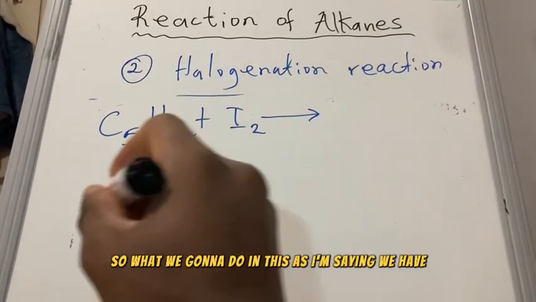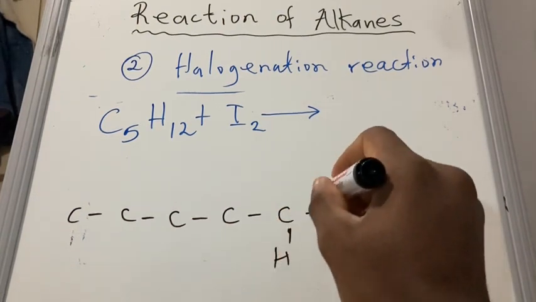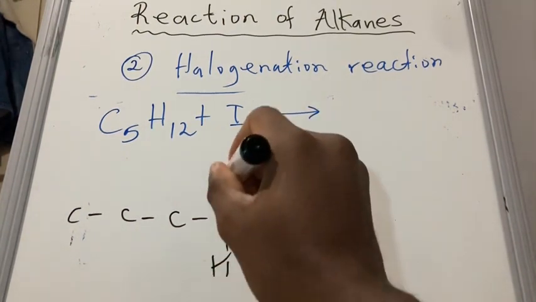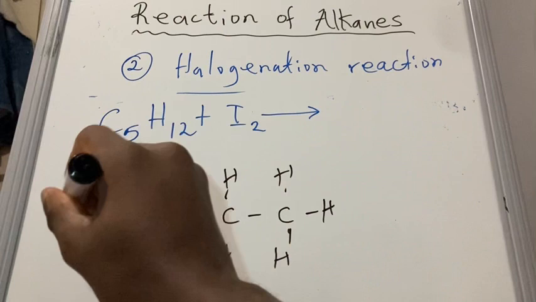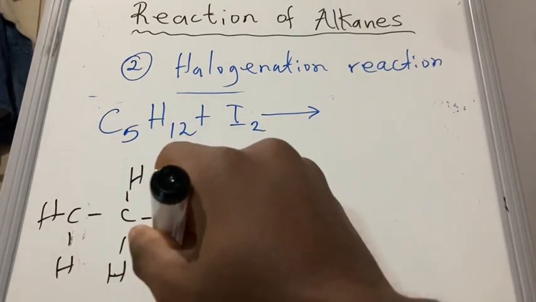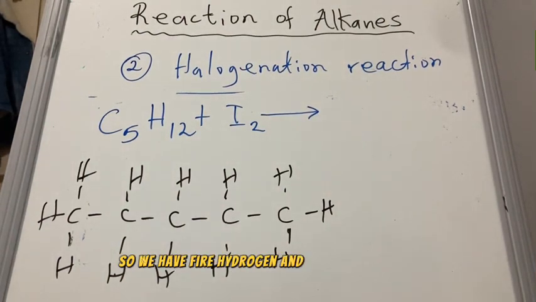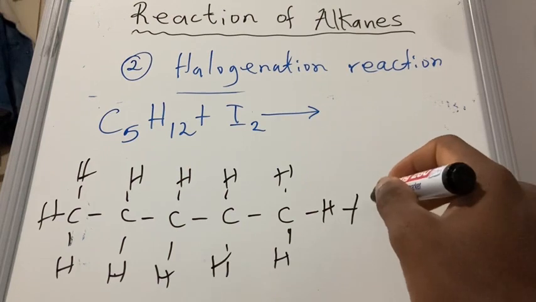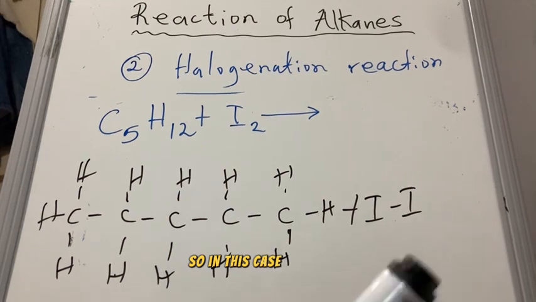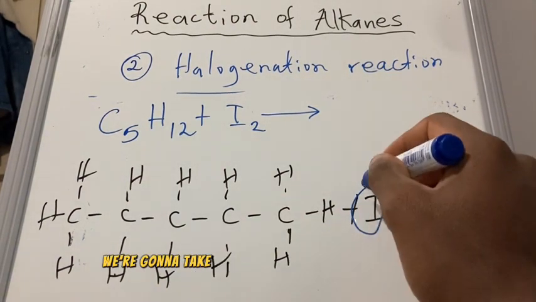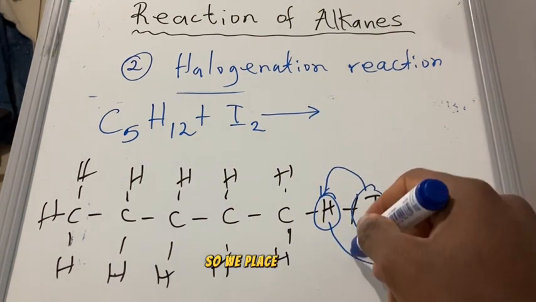In this case, we have 12 hydrogen here, and we also have 2 bromo here. We're going to take this bromo and replace this hydrogen, and take this hydrogen and replace this bromo.